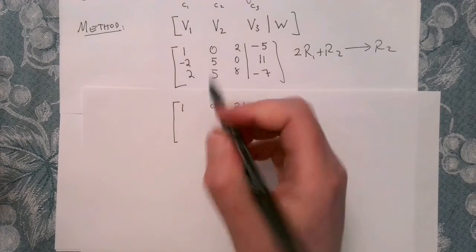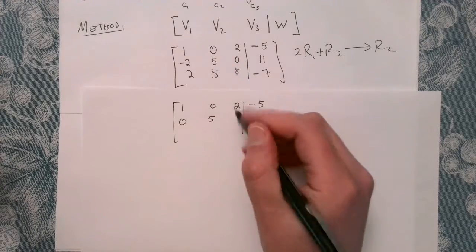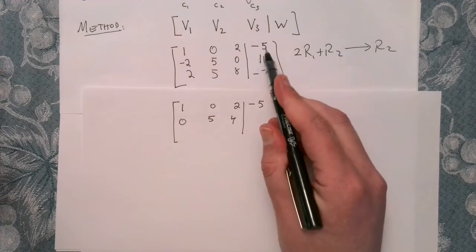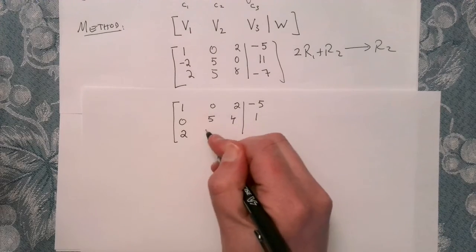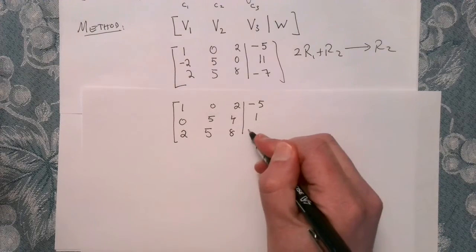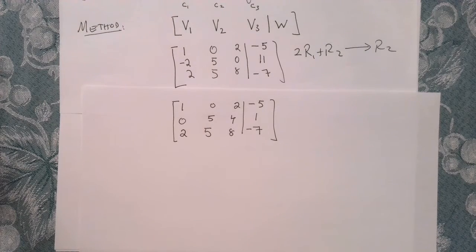So that'll be 2 plus minus 2, 0 plus 5, 4 plus 0, negative 10 plus 11, and we said that row 3 stays the same. Okay, so this seems good so far.